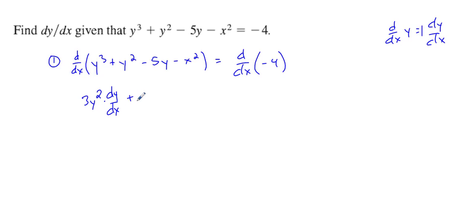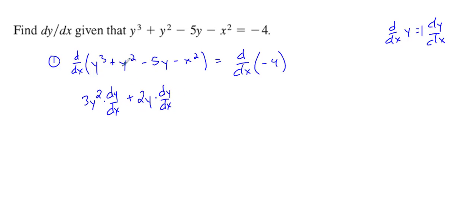Plus. Now let's take the derivative of y squared. Well, what's the derivative of y squared? 2y to the first power, right? Now, because we're taking the derivative of y with respect to x, dy dx. And you guys know what? This is kind of like the chain rule.